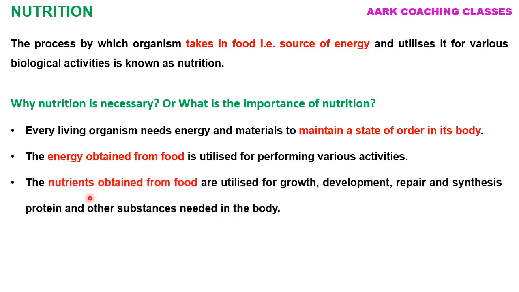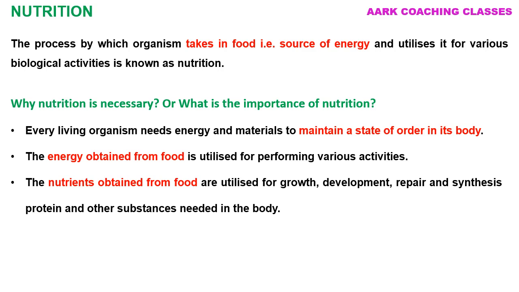The nutrients obtained from food are utilized for growth, development, repair, and synthesis of protein and other substances needed in the body. Along with food, the major source of energy is carbohydrates, right? Along with this, we also have proteins, vitamins, minerals, etc. All these nutrients are utilized for growth and development, for repair, and synthesis of proteins and other substances needed in the body.